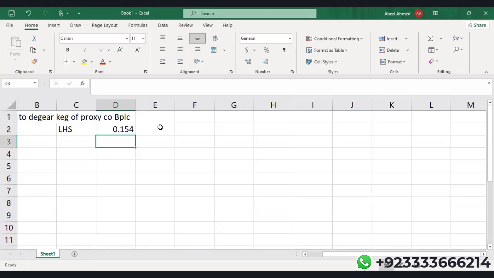I think the same answer came when we solved on OneNote. Let me show you this. Now, if a student says, I want to use exactly the same formula, instead of writing 0.7, I want to show 1 minus tax rate.